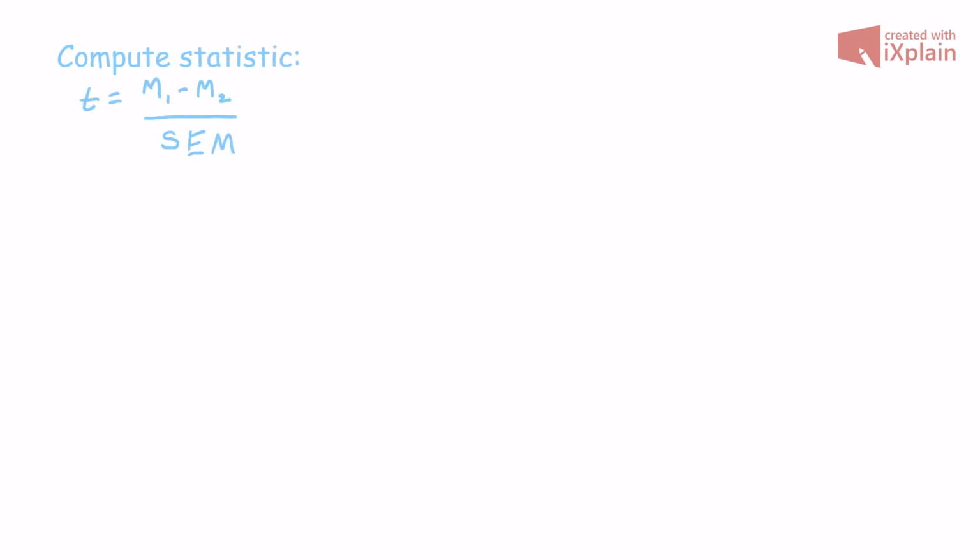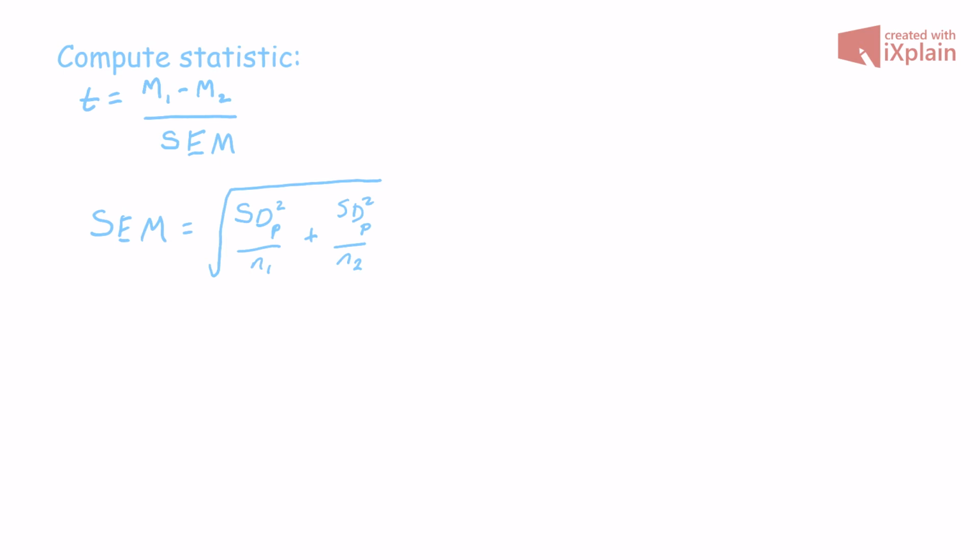The next step is to compute the test statistic. This is the formula we'll use for the independent samples t-test. We need to find the mean difference, and we have the means, so that's not a problem, but we also need to find the SEM. The SEM for an independent samples t-test uses this equation.